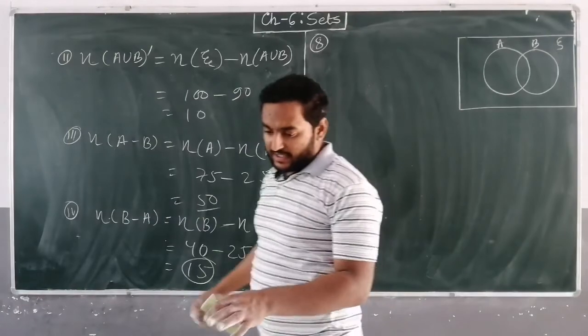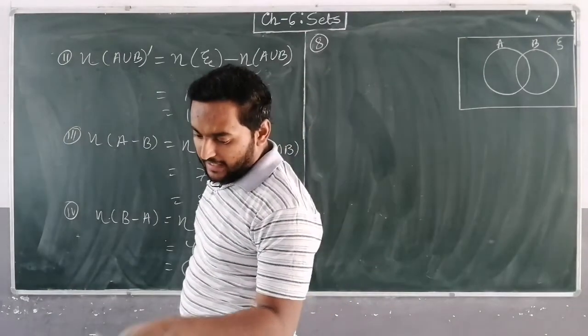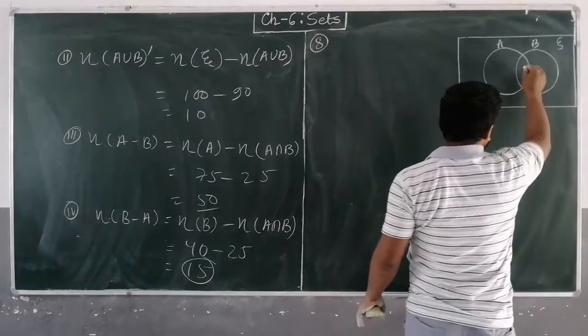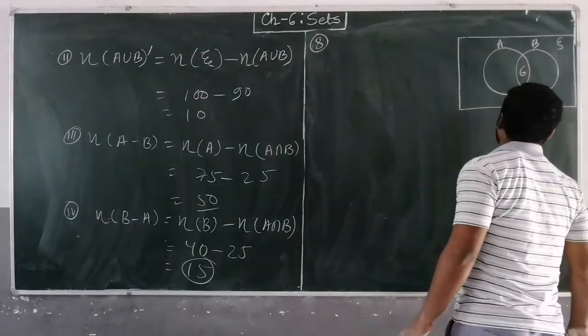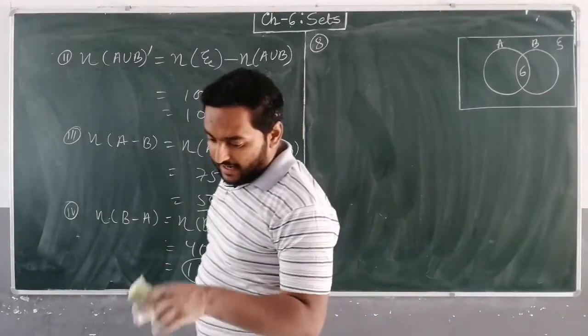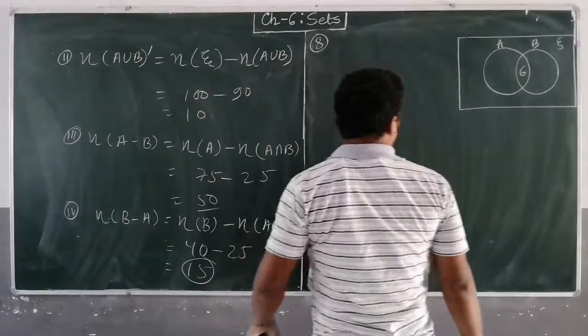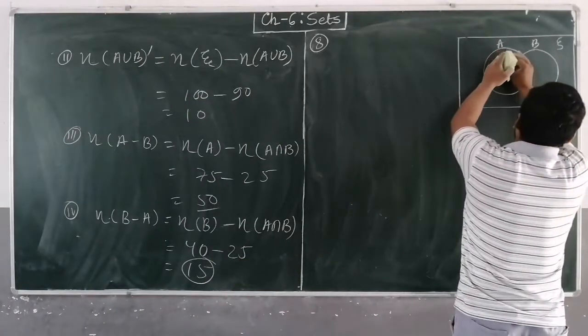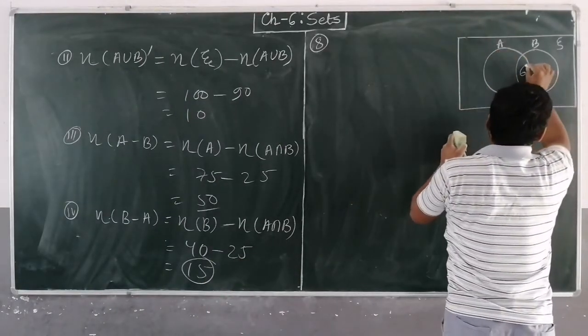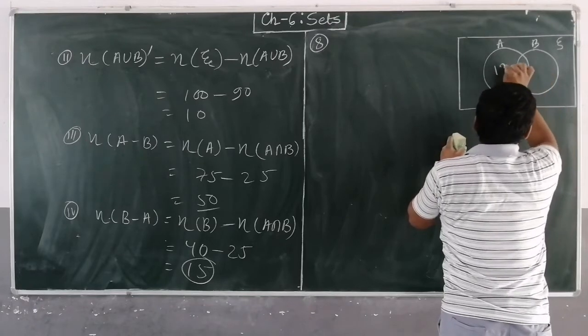Okay, at first it is given that cardinality of A intersection B, this part, is 6. And it is given cardinality of A is 18. Cardinality of A means total A will be 18, but 6 is already there, so this part will be 12.